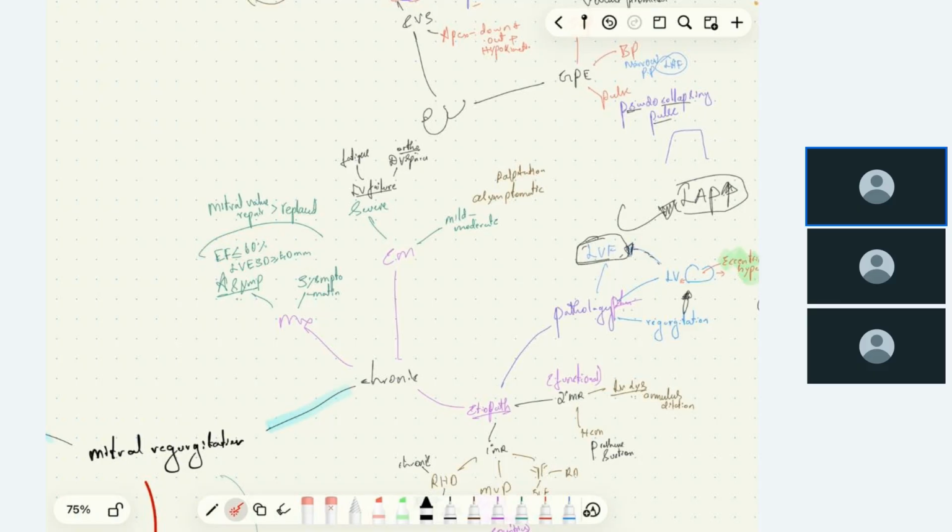Not left atrial, it is left ventricular end systolic pressure more than 40 mmHg. If the patient is asymptomatic with ejection fraction less than 60 and left ventricular end systolic pressure more than 40, or if the patient is symptomatic, we will do mitral valve repair, or we can also replace the mitral valve. That is called mitral valve replacement surgery.